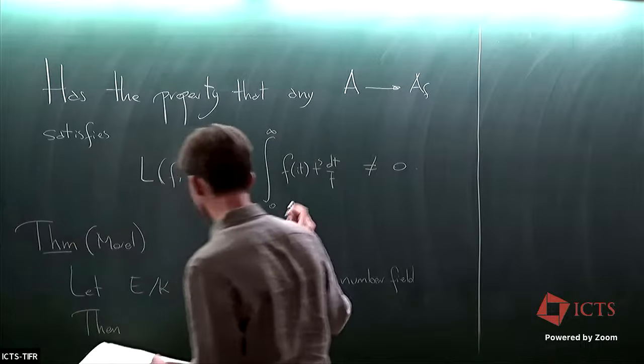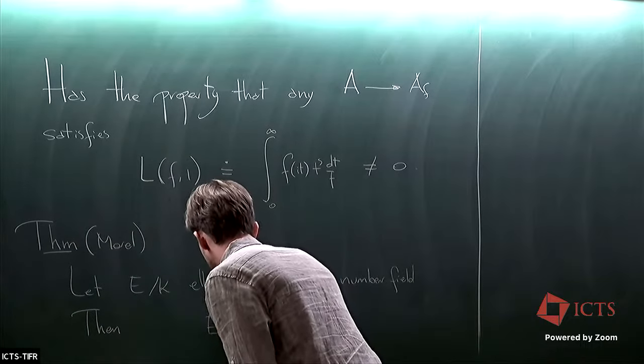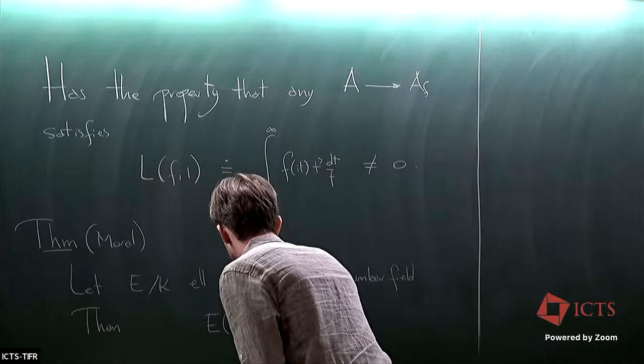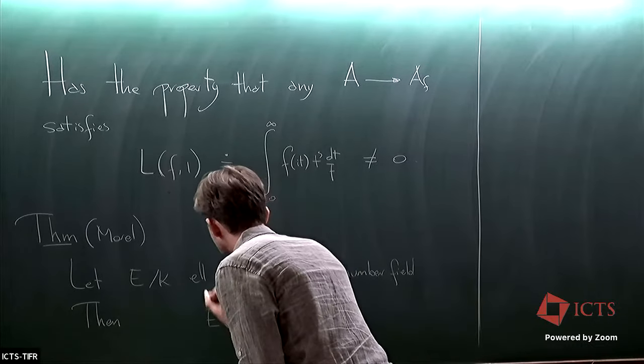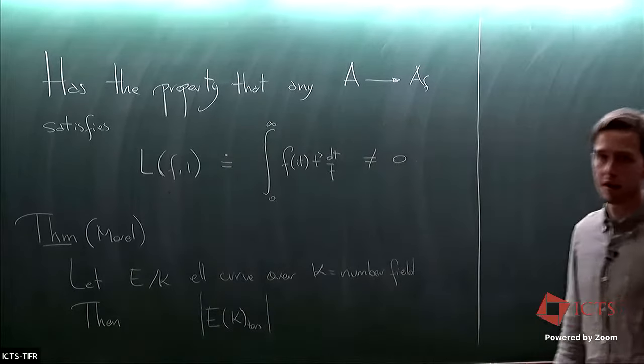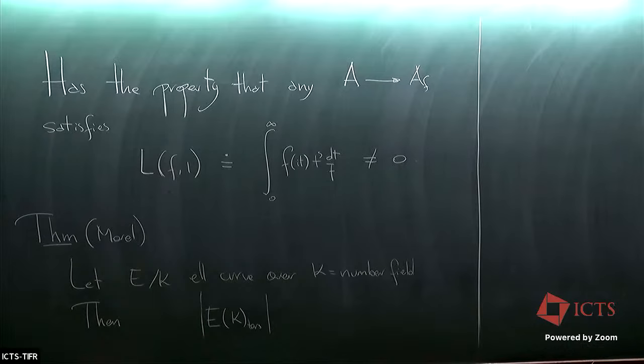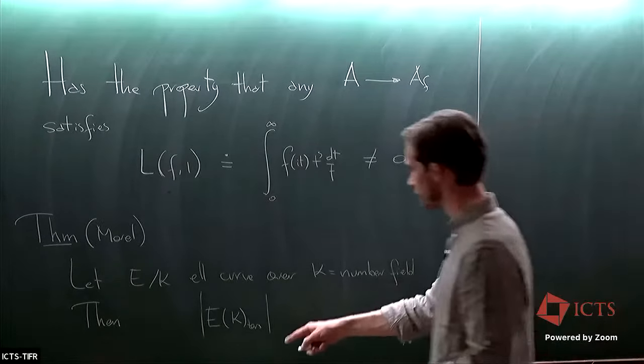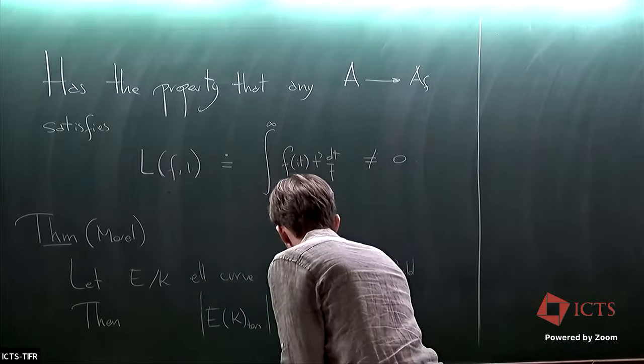There's an analog of Mazur's theorem, which is both better and worse. It says that if I take the torsion group, there's only finitely many possibilities for the structure of it.